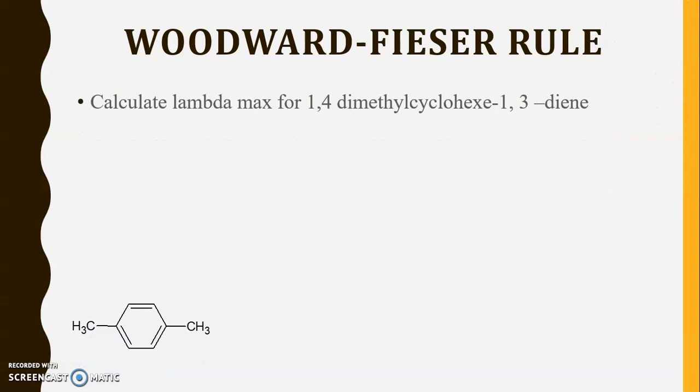Now this is your example. You have to calculate the lambda max for 1,4-dimethyl cyclohexane 1,3-diene. Now if I divide this structure like this, I will consider this part as your diene.